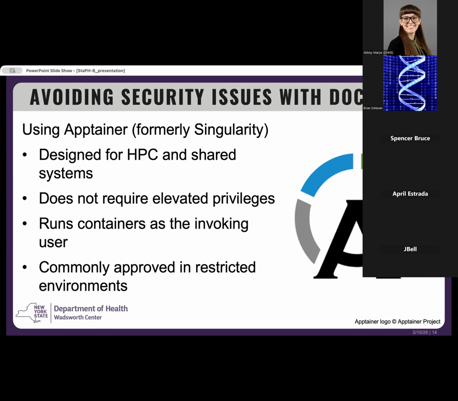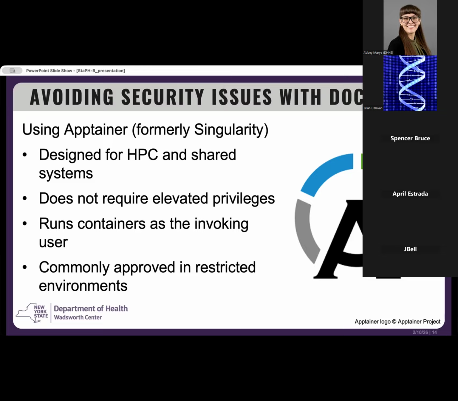Unlike Docker, Apptainer was built from the ground up for multi-user environments. Its design assumes shared infrastructure, strict security boundaries, and centralized system management. One of the most important differences is that Apptainer does not require elevated system privileges to run containers pulled from Docker Hub.